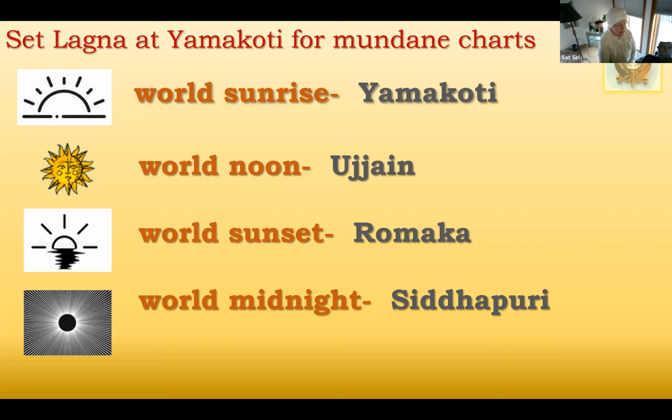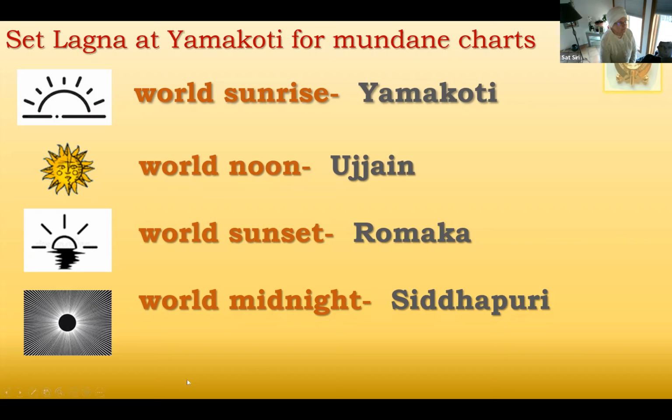There's a dilemma that mundane astrologers have to do many charts for all the countries they might be considering. And when you instead just do one chart for Yamakoti, you can set it as rising at Yamakoti. That's one technique, one way to go about it. And that way you get some amazing confluences, which we'll see an example of.